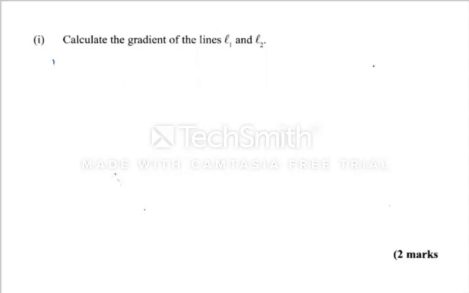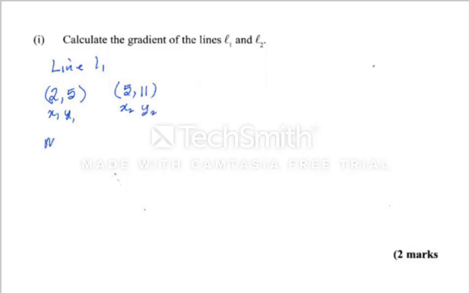So 2 points on L1. We're looking at the line L1. And 2 points on it are (2, 5), which is the point of intersection of the two lines, and the next one is (5, 11). Remember, I call this point x1, y1, and call this x2, y2.